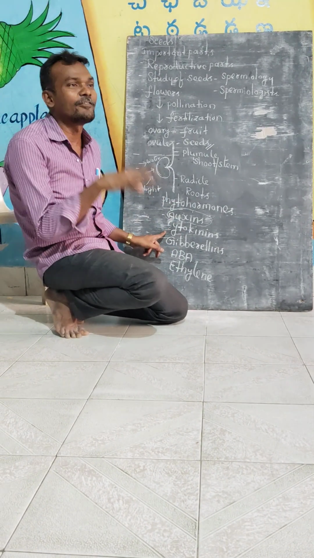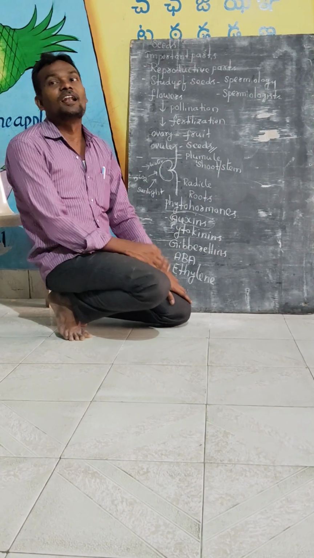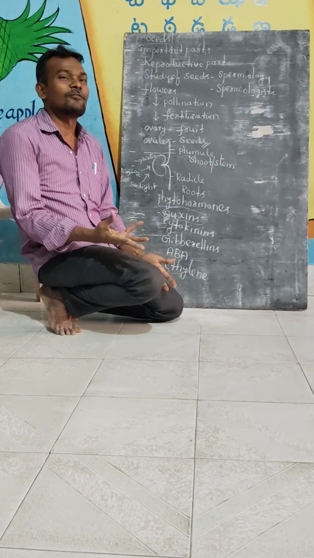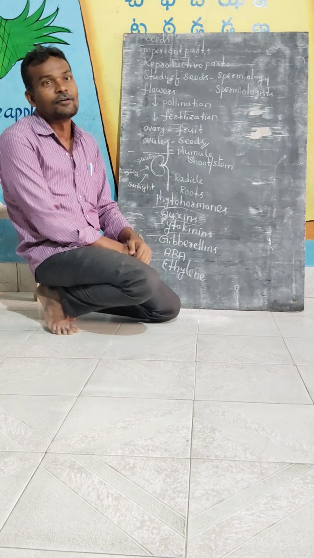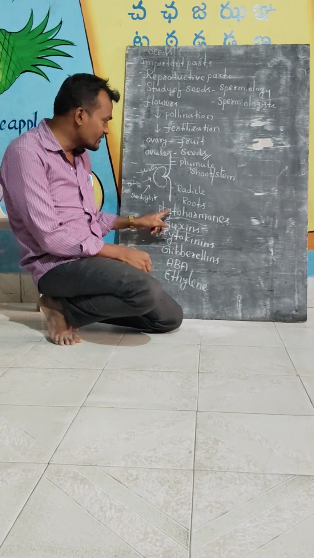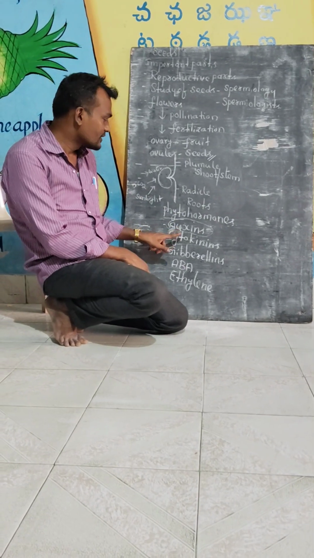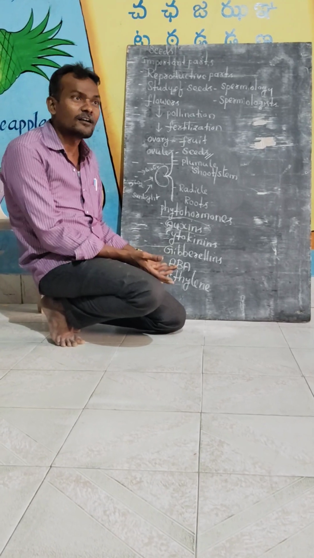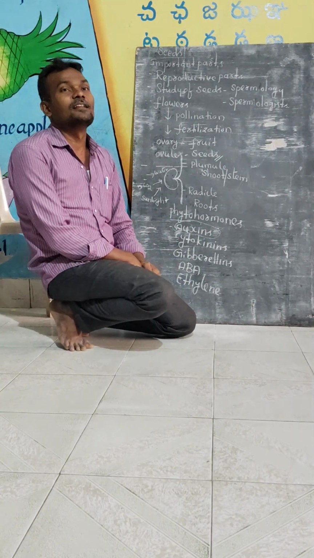There are 5 different phytohormones, like the Pandavas and Panchaputas. Even 5 sense organs are there in our body. So what are those chemicals? Auxins, cytokinins, gibberellins, abscisic acid or ABA, and ethylene.